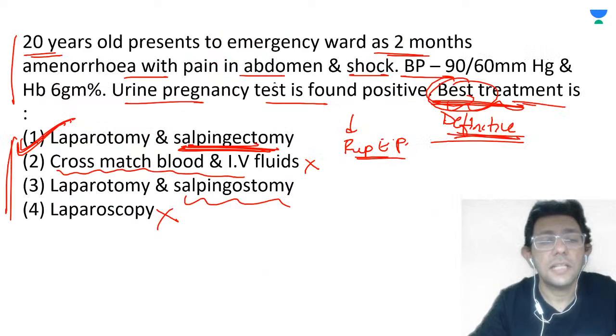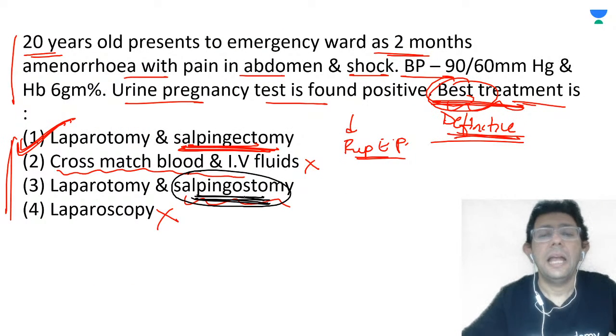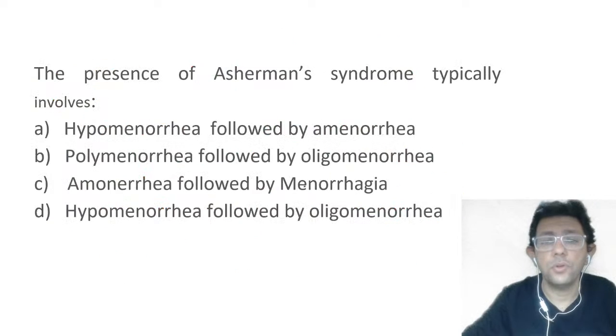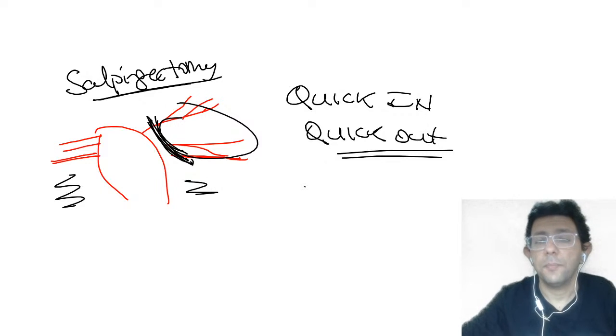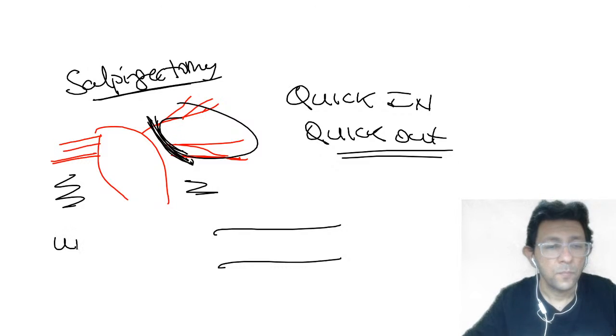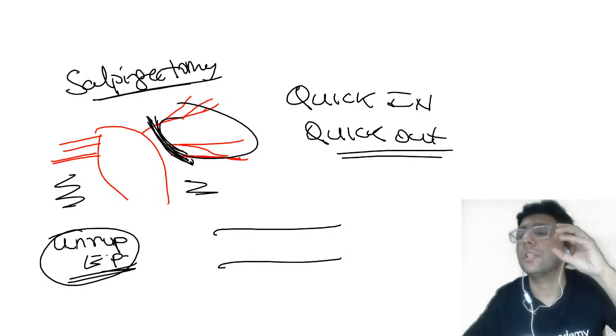Now what is salpingostomy? Salpingostomy and salpingotomy are mainly done when I have an unruptured ectopic pregnancy, as a desperate method to save the tube.